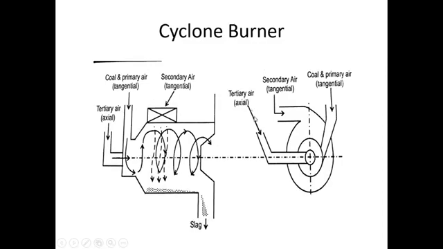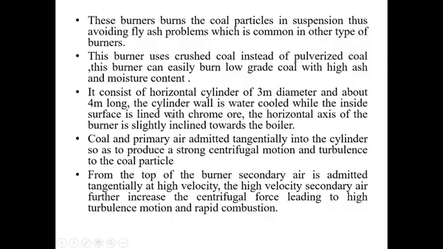So you can see here how the tertiary air is supplied and how secondary air is supplied. All are in different directions, and that will try to maintain the turbulence in the cyclone burner. So this is about the cyclone burner.